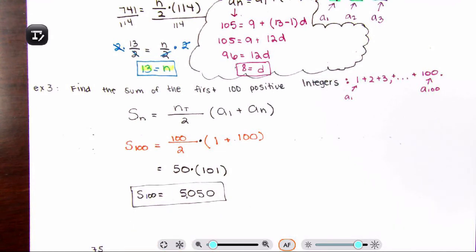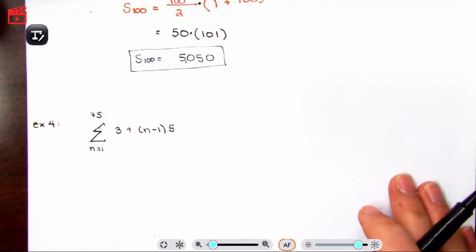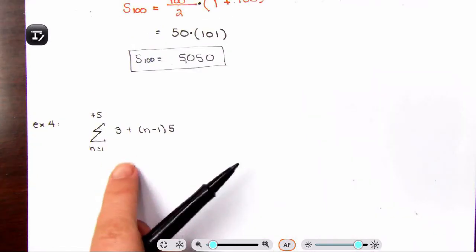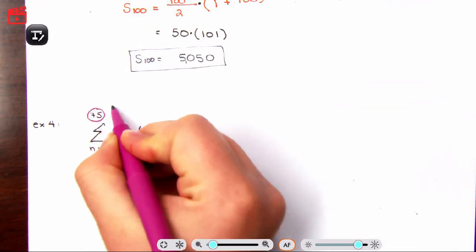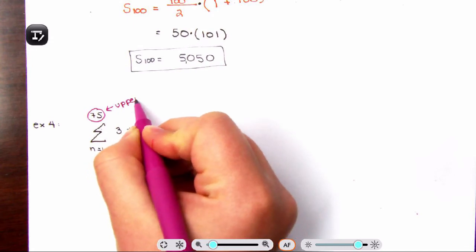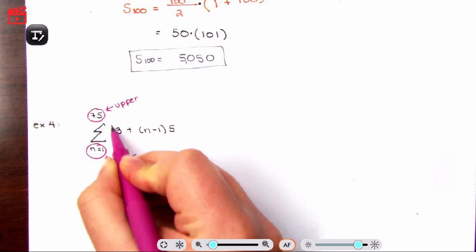And let's do one more example. This one is using the summation. This is your upper limit. This is your lower limit. This is your formula.